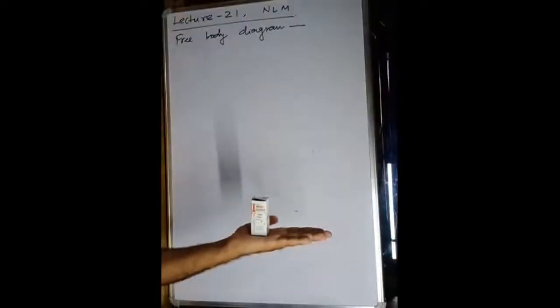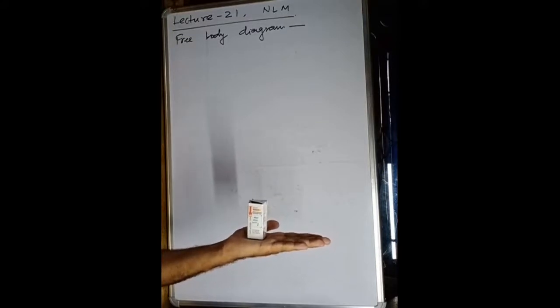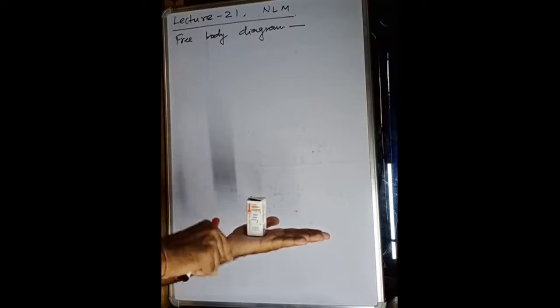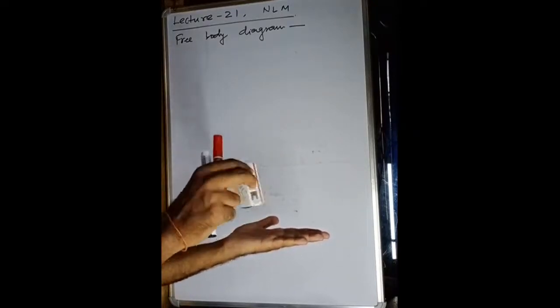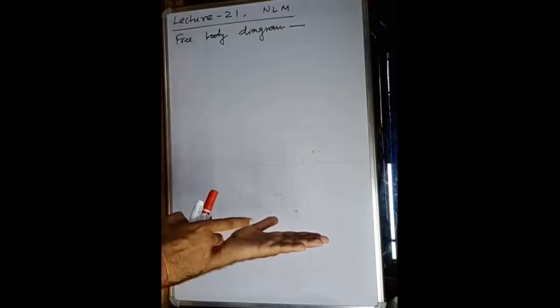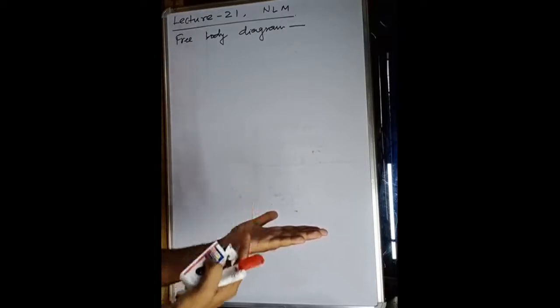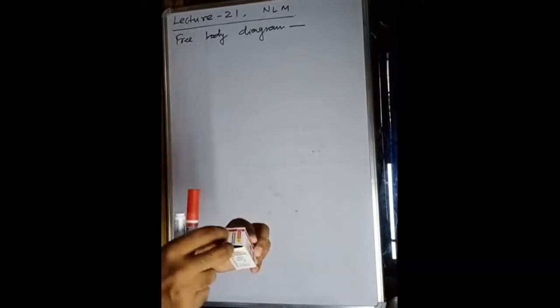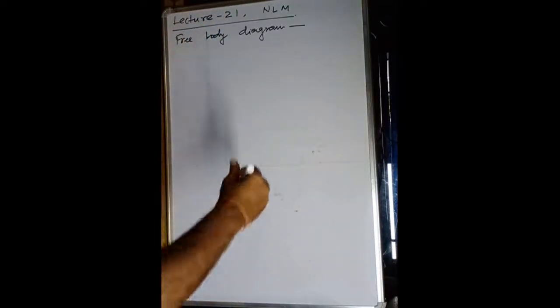If this box is kept over this palm, which force is acting? I think you can guess the weight of this box is acting over my palm. And as its weight is acting over the palm, the palm will apply a normal force over this box. In this way we represent the free body diagram.